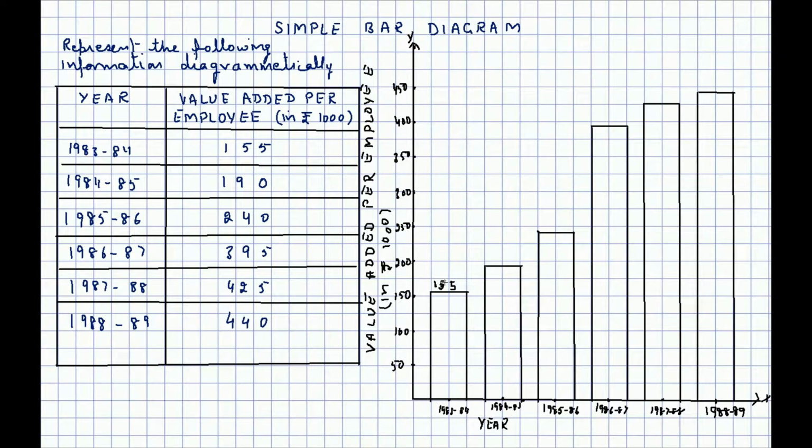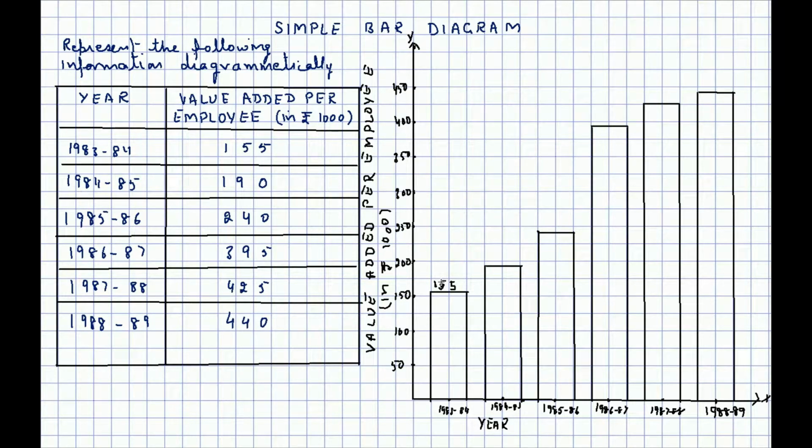While drawing bar diagram, you are supposed to follow certain rules. First rule is you can choose any width for the first bar, then keep it same throughout. Or you can say the width of the bar should be kept uniform throughout. The second point is the gap between the bars must be kept uniform throughout the sketch.